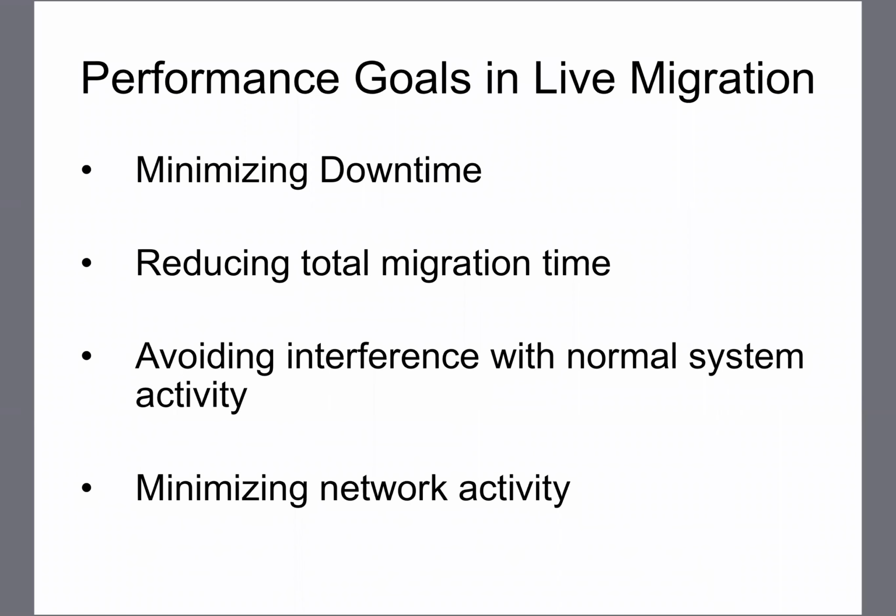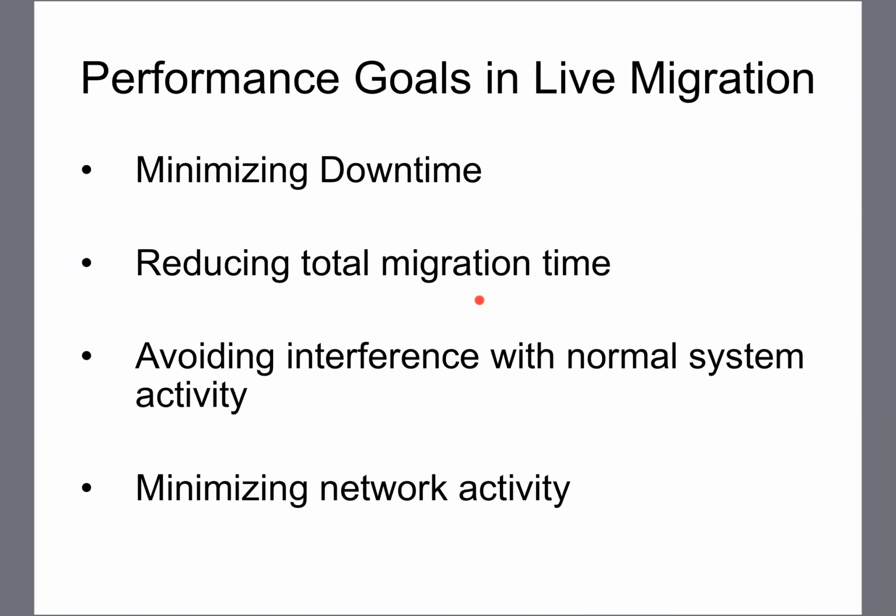So we talked about various metrics for live migration, and the primary one was that we want to minimize the downtime. Downtime meaning the amount of time for which the VM is not running. But in some cases, we may also want to minimize the total migration time, meaning from the start of the migration command to the end of the migration. How long does it take till the VM is running at the destination side?